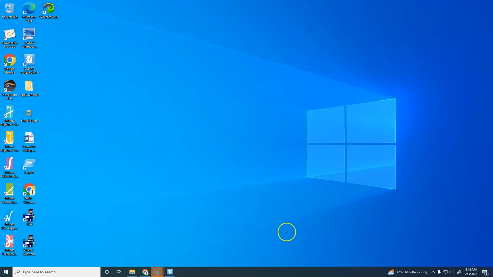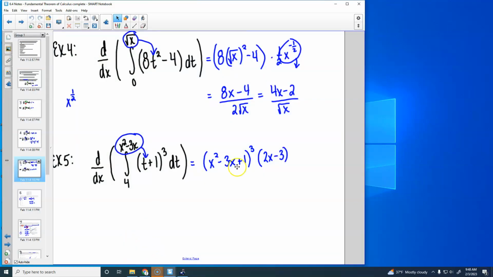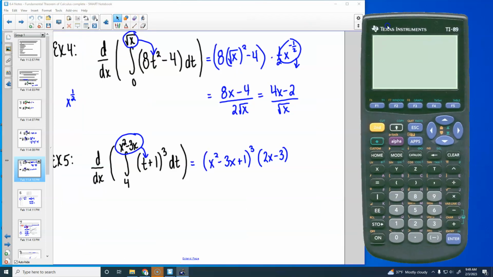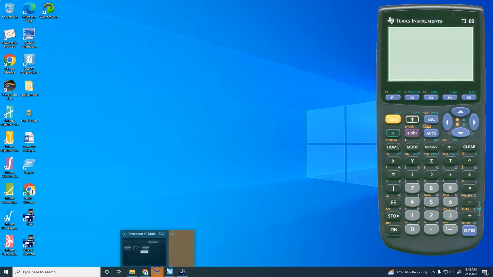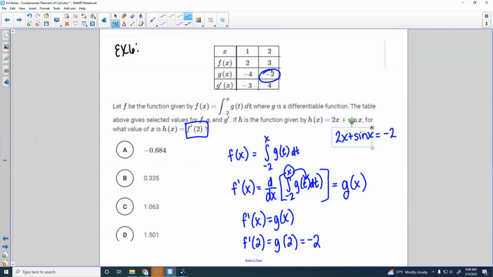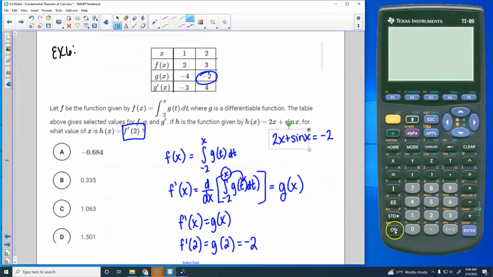So, on our calculators, oh wait, that's the wrong thing. I would probably actually use the graph on this, and the reason I say to use the graph, it might work with the solve feature, but a lot of times with the solve feature, when you've got trig, it just doesn't work out.